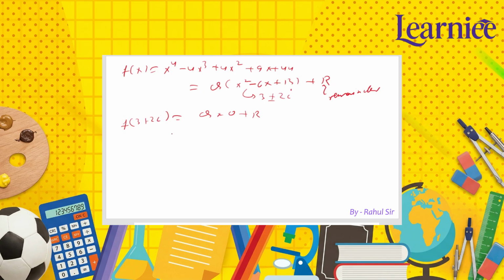So let's find it. How do we get the remainder? We will divide x to the power 4 minus 4x cube plus 4x square plus 9x plus 44 by x square minus 6x plus 13.